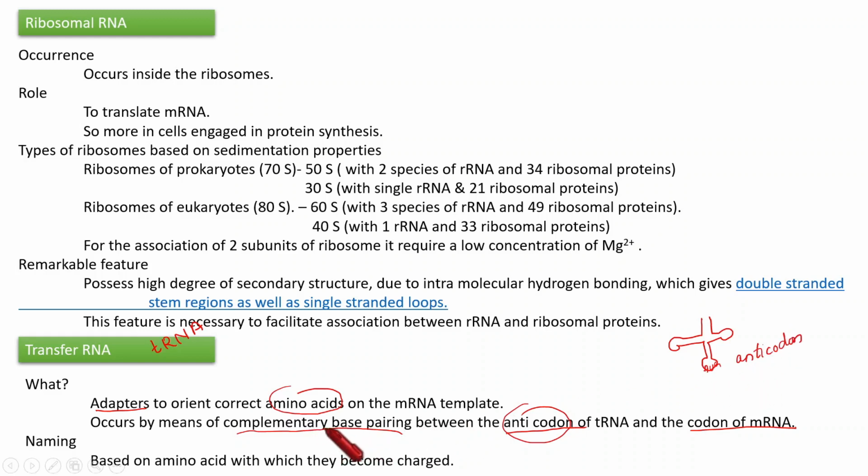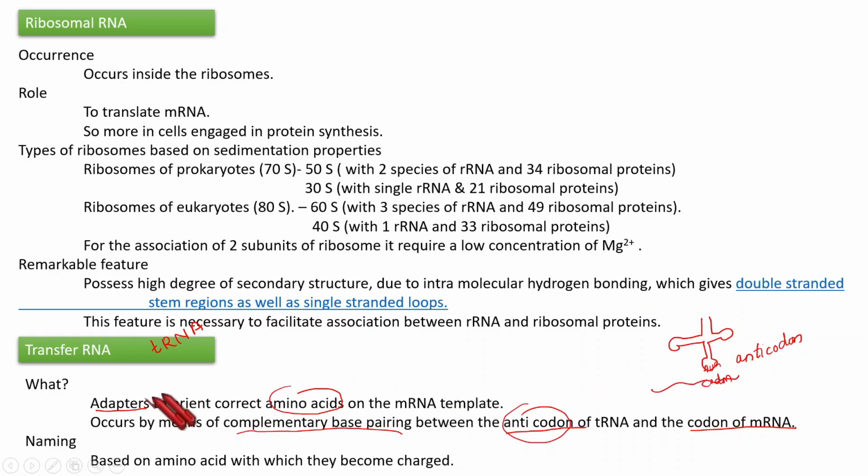And that complementarity in base pairing between tRNA and mRNA lies in the specificity between the anticodon and the codon. Here also a three-base codon is present. So their specificity, their complementarity, is the main important thing that plays the main role in pairing between the tRNA and mRNA.